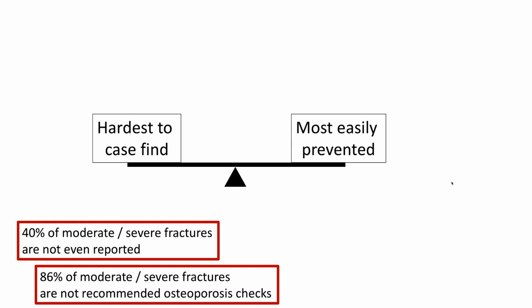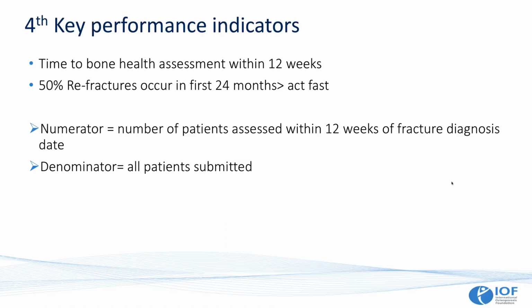identification performance indicator. The fifth indicator is about timing, from fracture to bone assessment within 12 weeks. And this really highlights the fact that refractures happen rapidly. Up to 50% of refractures in the spine happen in the first 2 years, and so we have to act fast.